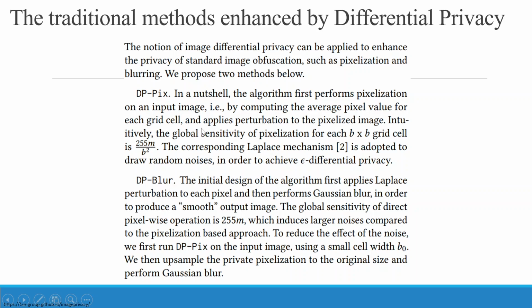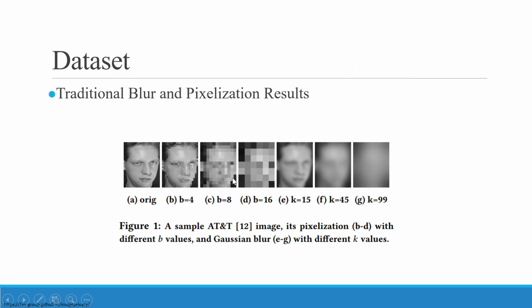Okay, so in this paper they define the sensitivity for pixelization and the blur image. And then we can just apply differential privacy on the face image.